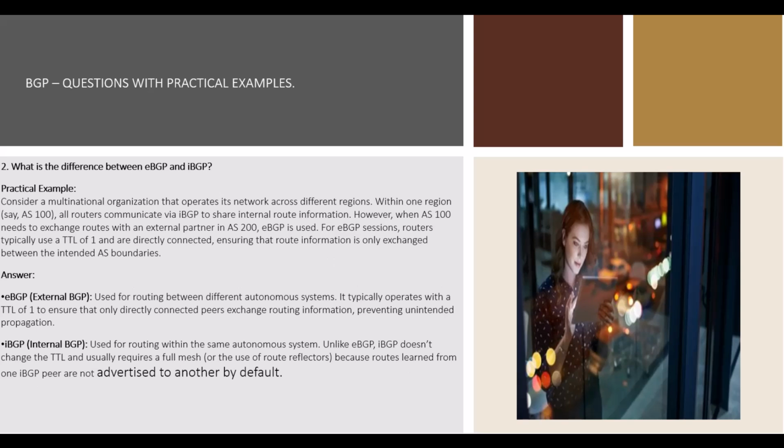Unlike eBGP, iBGP doesn't change the TTL and usually requires a full mesh. We have seen that in our example. Or it uses route reflectors, because routes learned from one iBGP peer are not advertised to another by default.